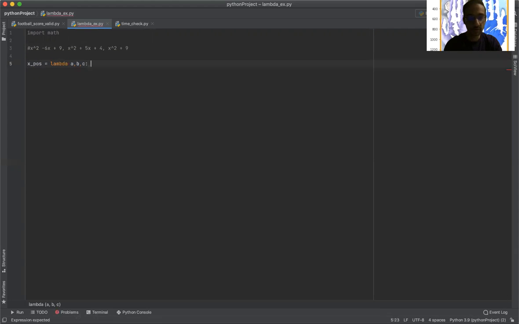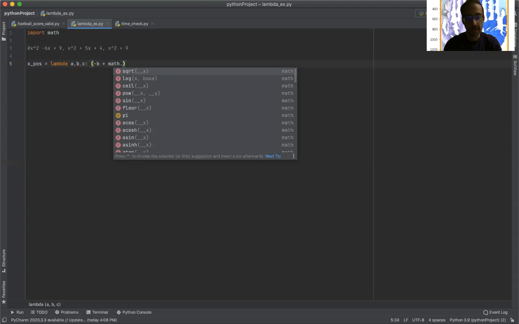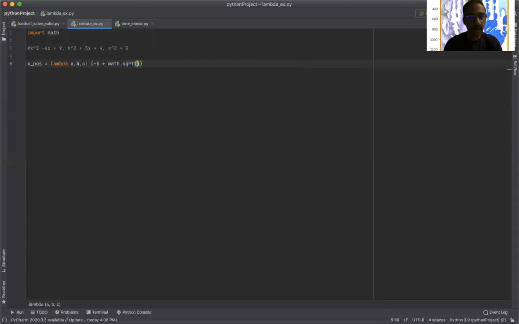We have our math package, so we can do square root. It's important to notice where you put the colon here. You put the colon after you type in all your parameters.